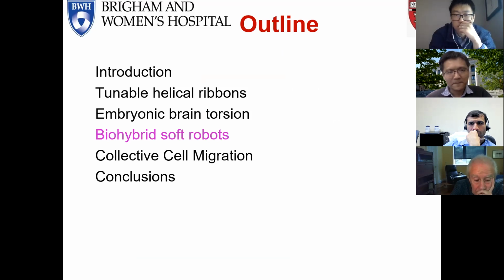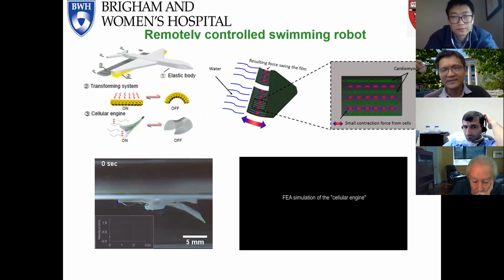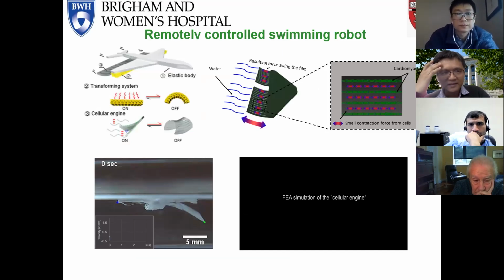And then we have also been very interested in using principles learned from nature to design some biomimetic or bioinspired devices. So in this case, we tried to design a swimming robot that can be remotely controlled.